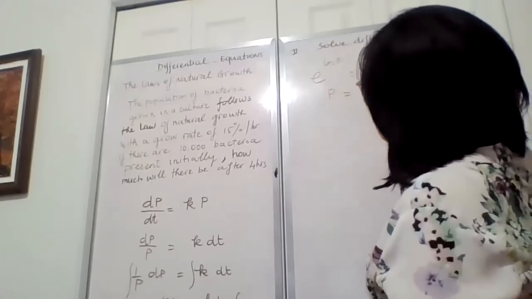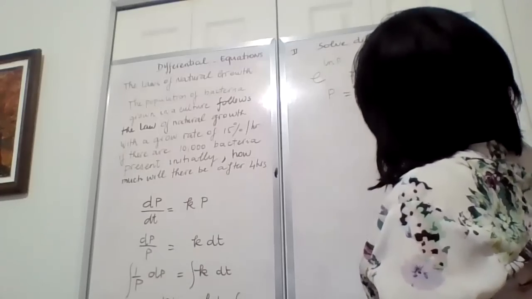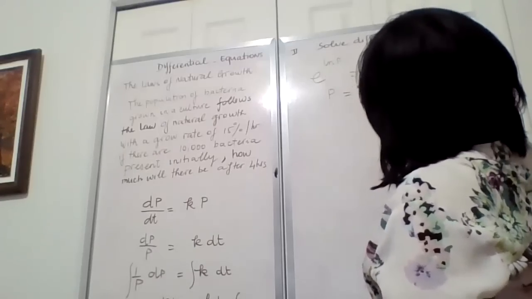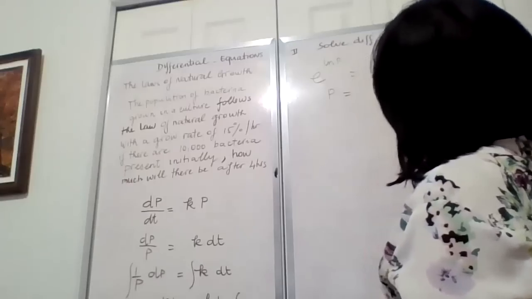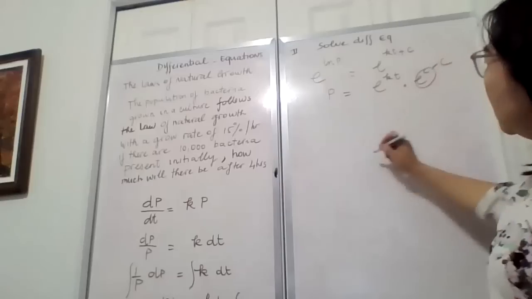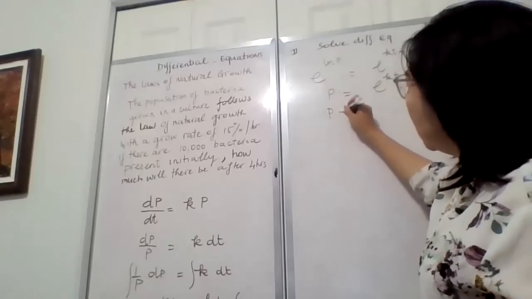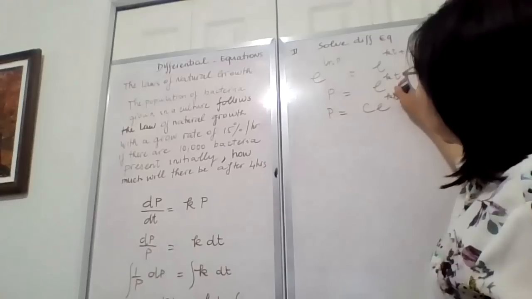So the population equals e to the kt plus C. I can separate it like this, e to the kt times e to the C, and we can replace this constant by C, right? So our formula will be P equals C e to the kt.